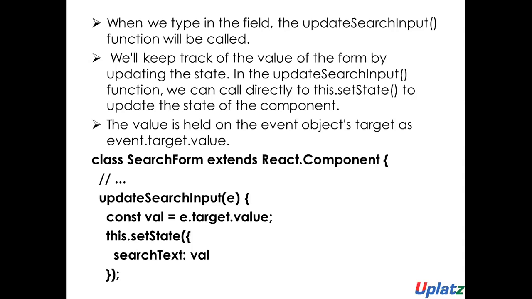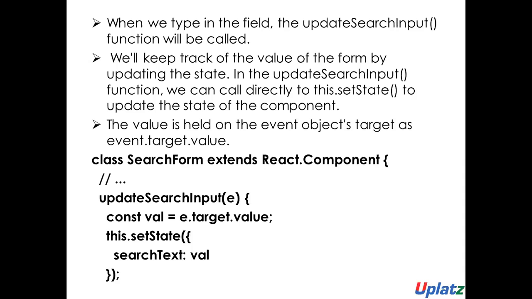So class SearchForm extends React.Component. In updateSearchInput, as we have already shown, the event value needs to hold the event object target. The event object target gets called by e.target.value, which I have stored in val.